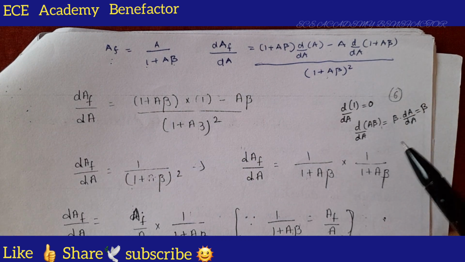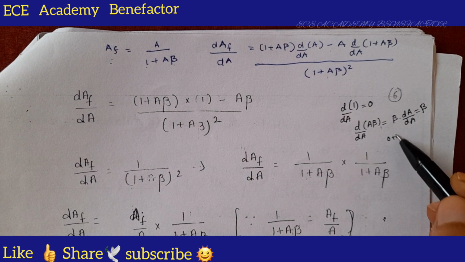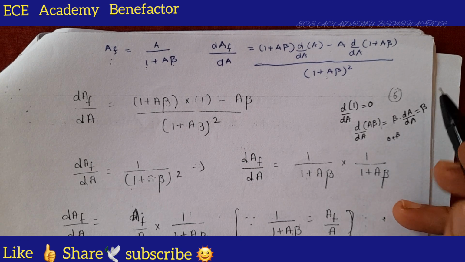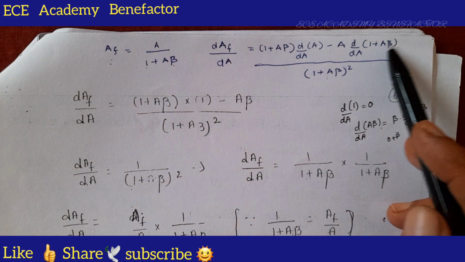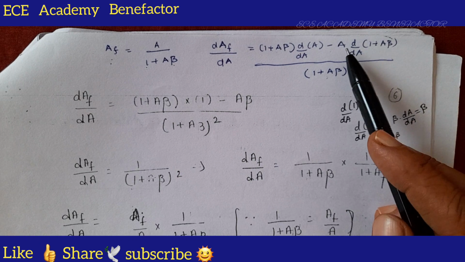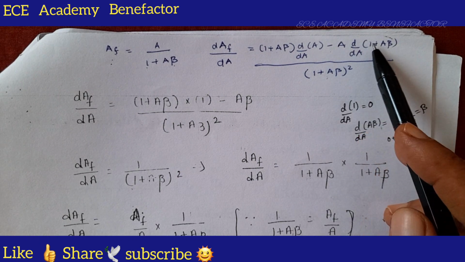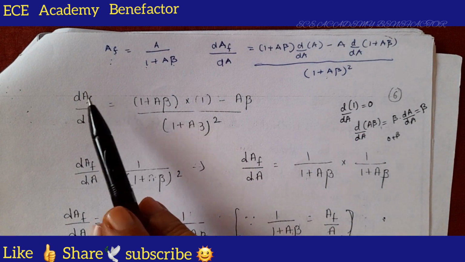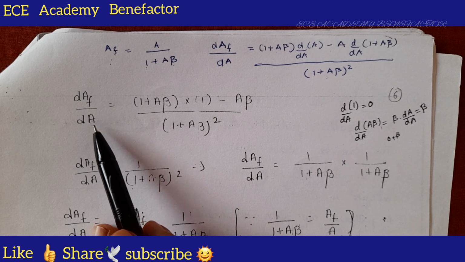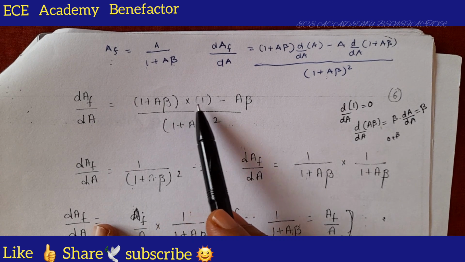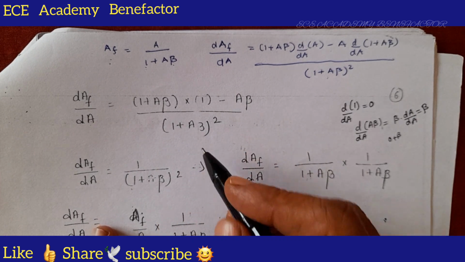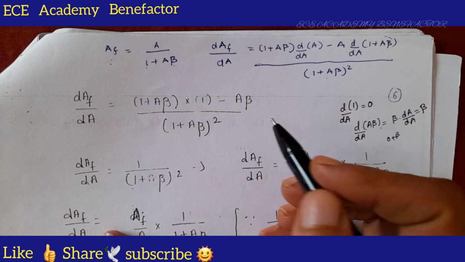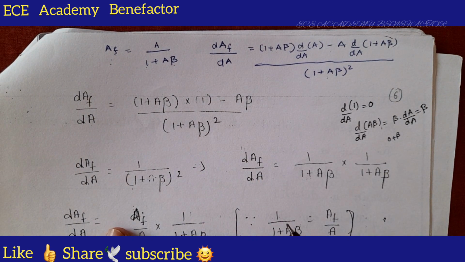So here we have 0 plus beta, which means this term is beta. So it's left with minus A beta. So you are getting dAF by dA is equal to 1 plus A beta minus A beta by 1 plus A beta the whole square.